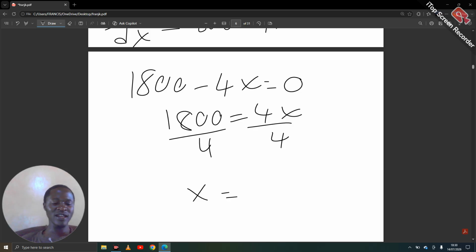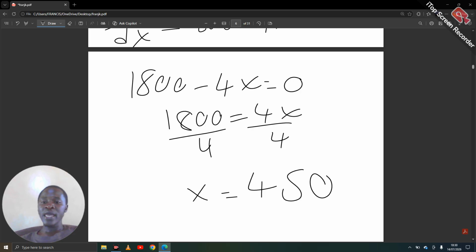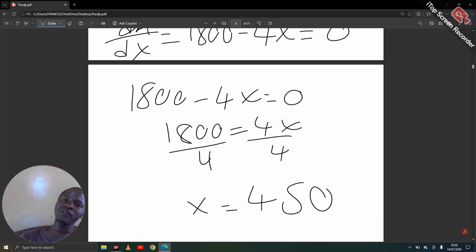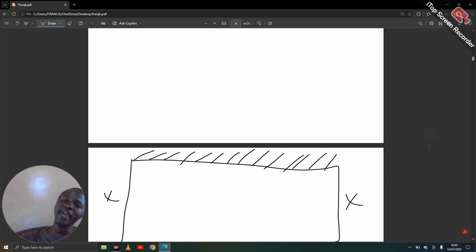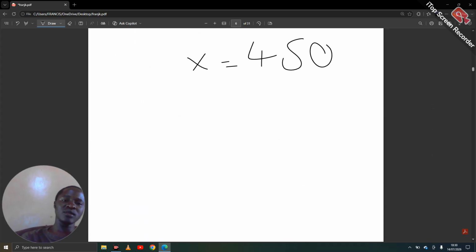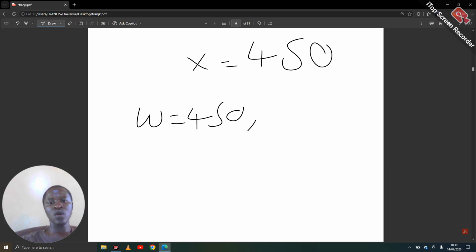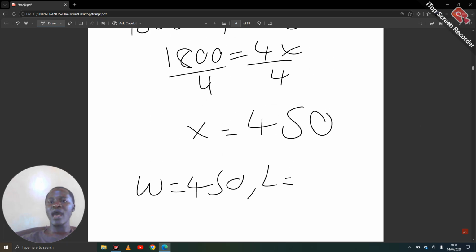So 1800 divided by 4, we shall have our x to be 450. Now, if my x is 450, remember the x is my width. So that means width is 450. What will be my length?